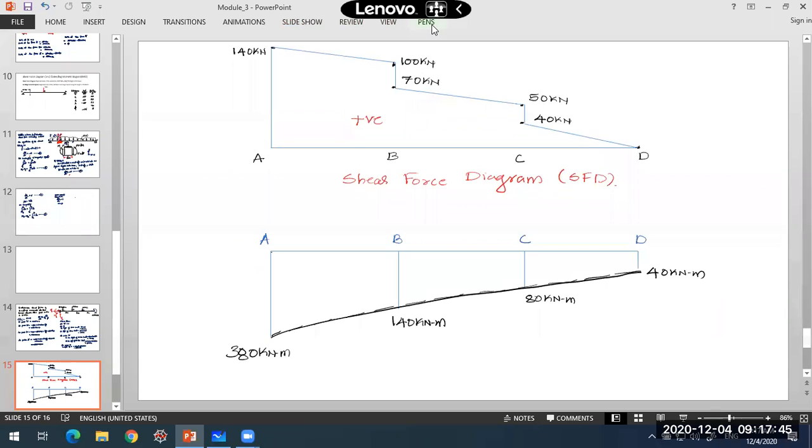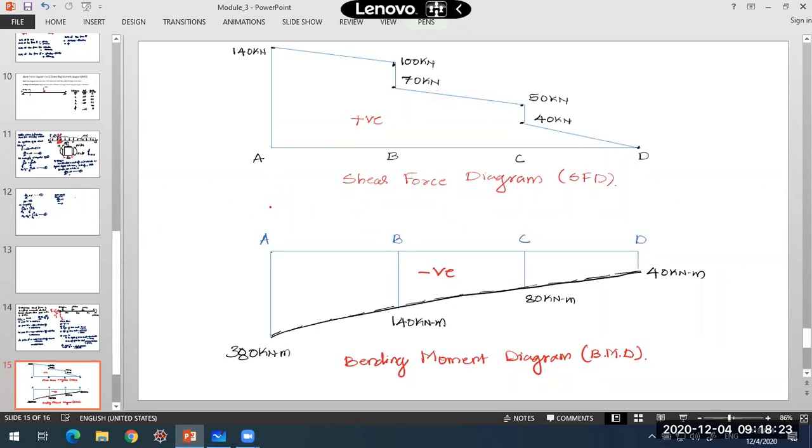All these are negative, so the entire beam is in hogging bending. The nature of bending is hogging, so the entire bending moment is negative. This is the shear force diagram and the bending moment diagram, which we call BMD.